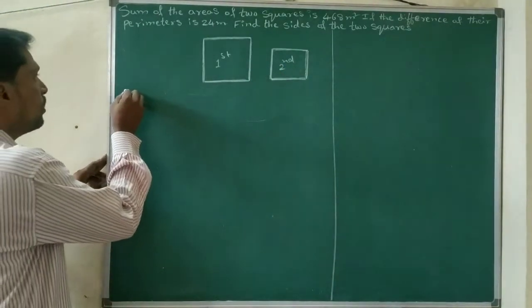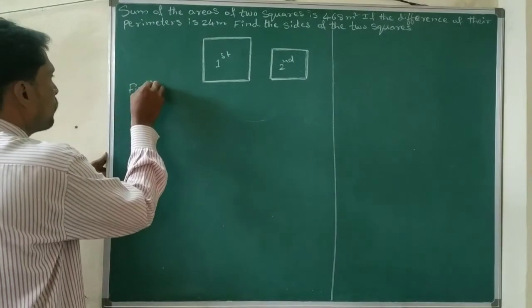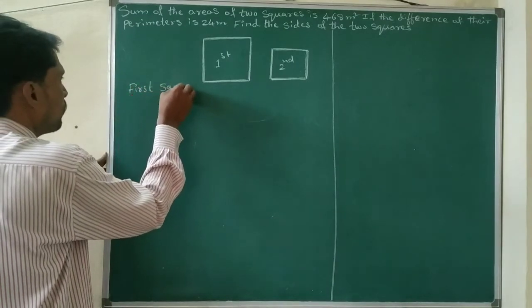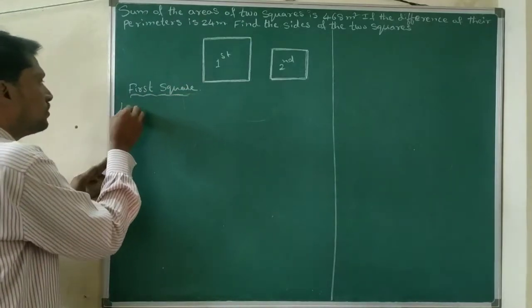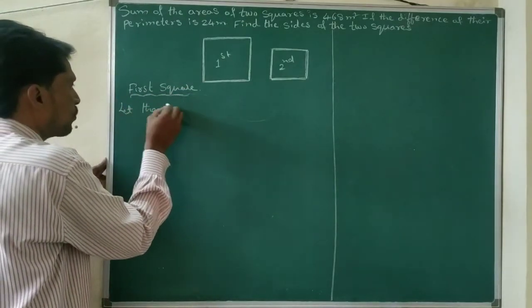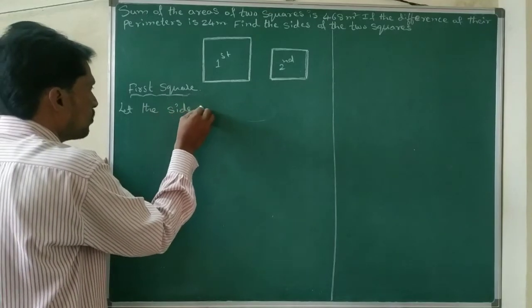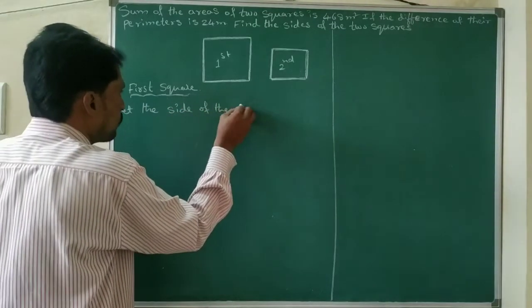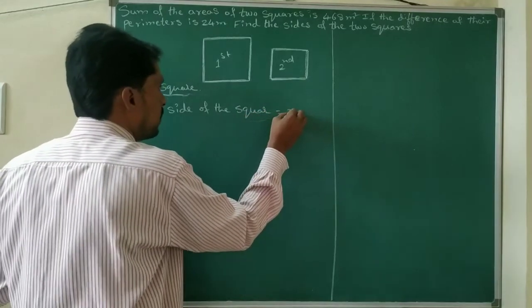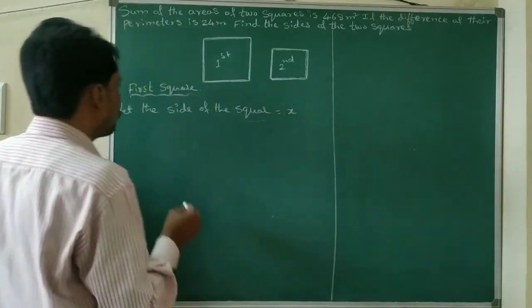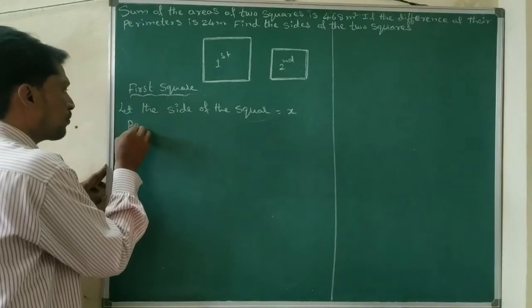So see here. Let the side of the square equal x. So what about the perimeter of the square?